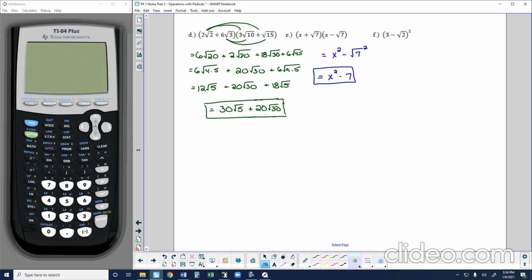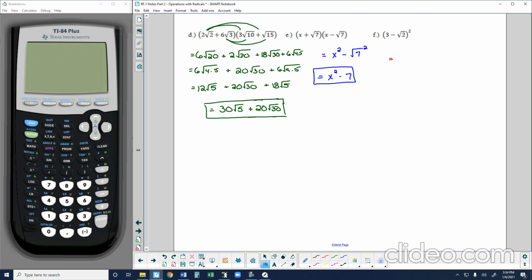remember that to square something, and people get hung up on this one a lot, means to multiply it by itself. So what you could do is write this as 3 minus root 2 times 3 minus root 2 and distribute. But we also have the identity for when you square a binomial.